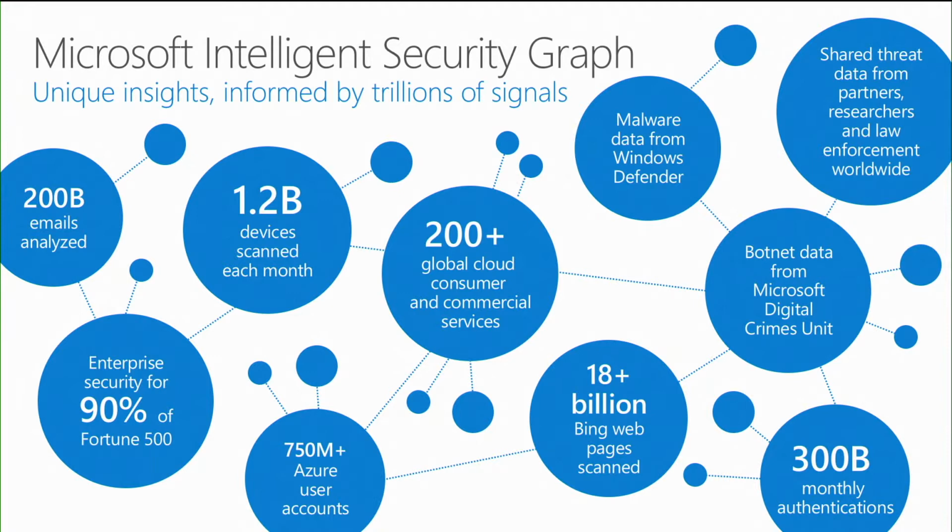We scan 1.2 billion devices every month. We analyze 200 billion emails every month. We have 300 billion monthly authentications through Azure Active Directory. We have data coming from Digital Crimes Unit. All of these signals together form Microsoft Intelligence Security Graph.